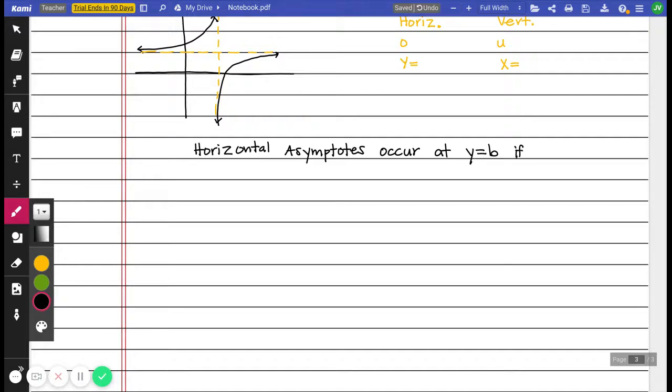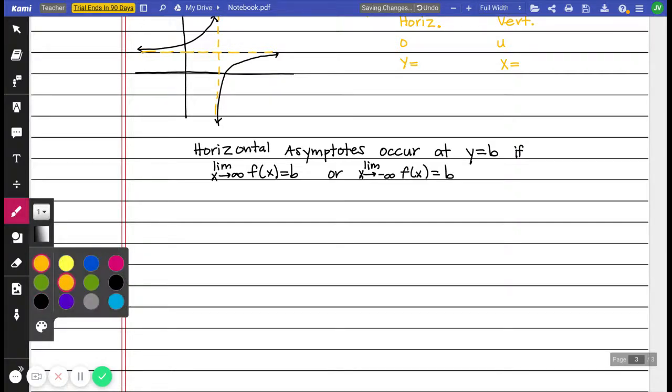If the limit as x goes to infinity approaches b, or as we go off on the left side of the graph to negative infinity, our graph flattens out at b. So the big thing is horizontal asymptotes are lines where y equals b.